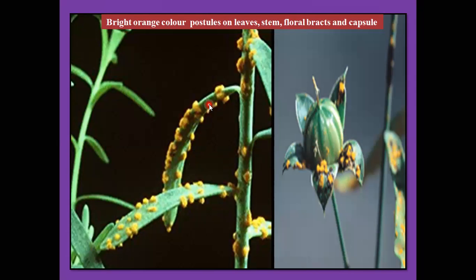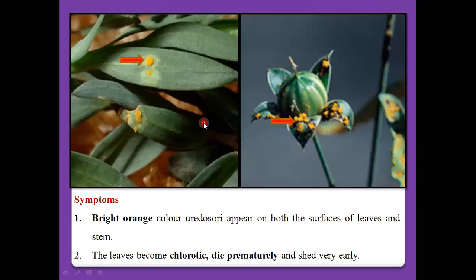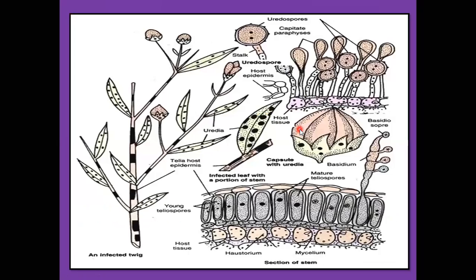So these bright orange pustules develop the uredospores and also the teliospores. Okay, so these are the bright orange uredopustules seen on the leaf portion as well as the sepal portion as well as the capsule portion of the linseed.